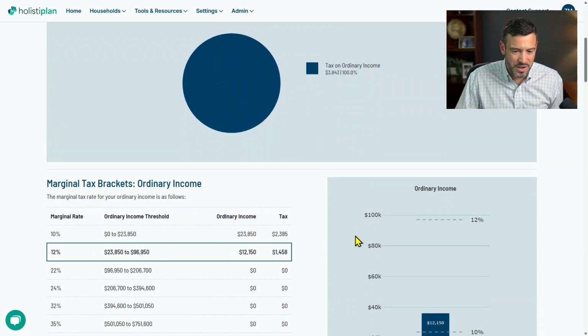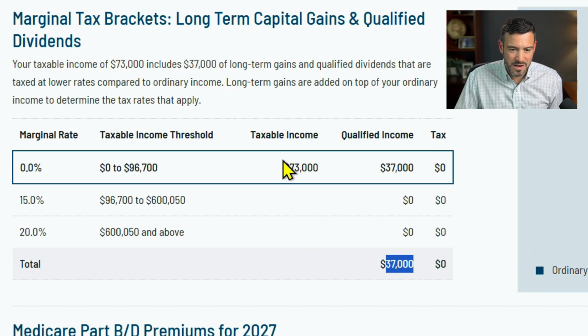Now, because we added a $32,000 pension, and now there's $32,000 worth of additional income, that money is still going to be included against the total long-term capital gains and qualified dividend bracket. So that total income is still going toward filling up this bucket.